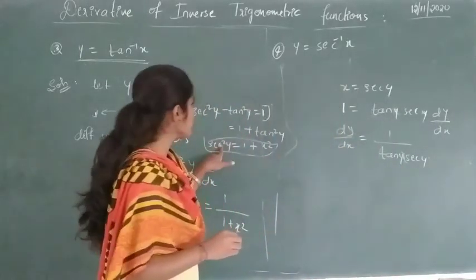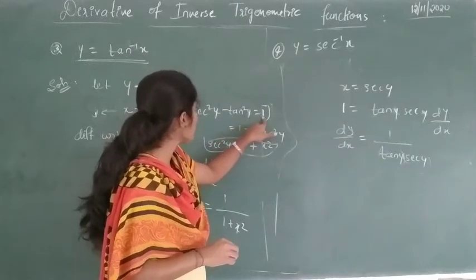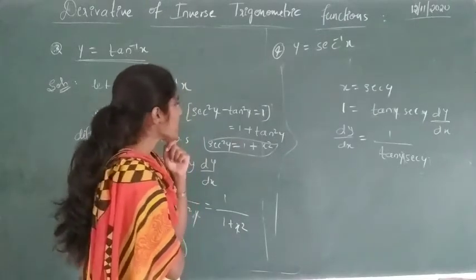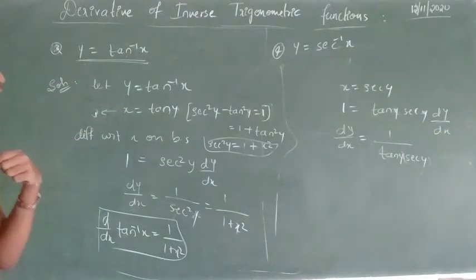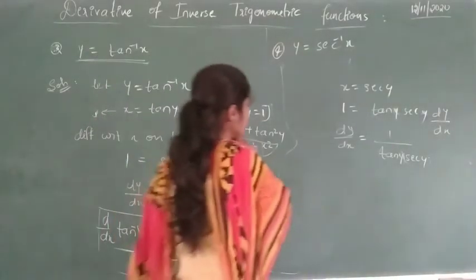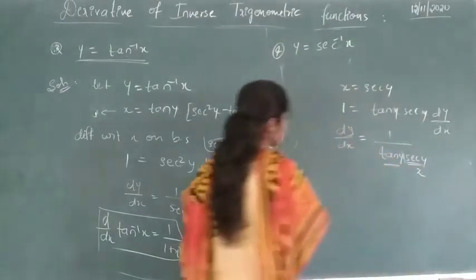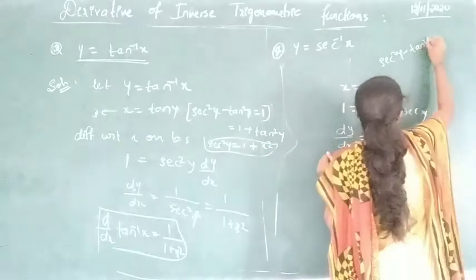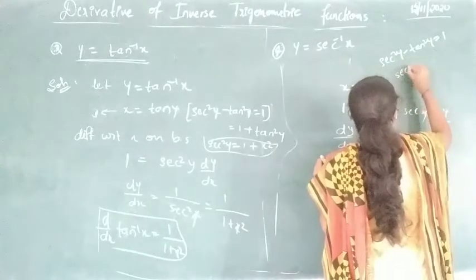Okay. Here I have secant square y minus tan square y is equal to 1. Now secant y is x, so I want tan y in terms of x.